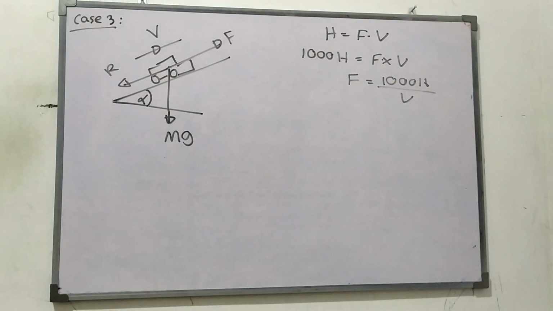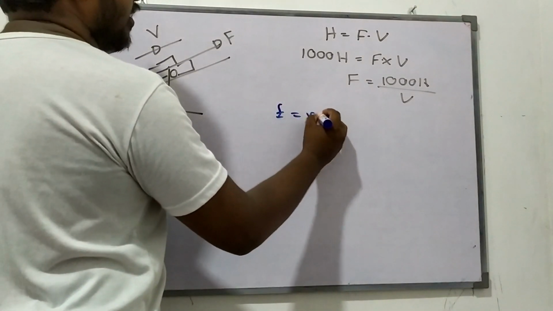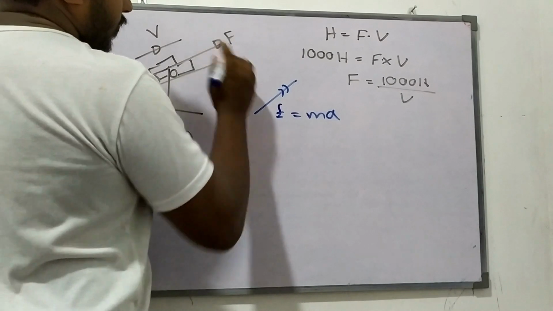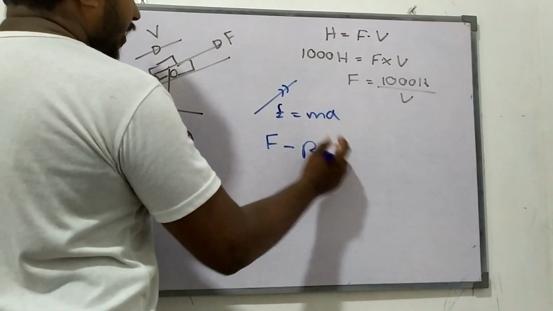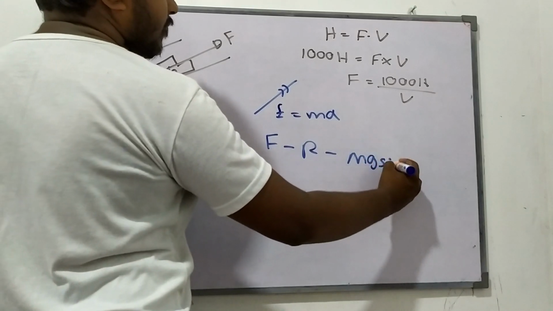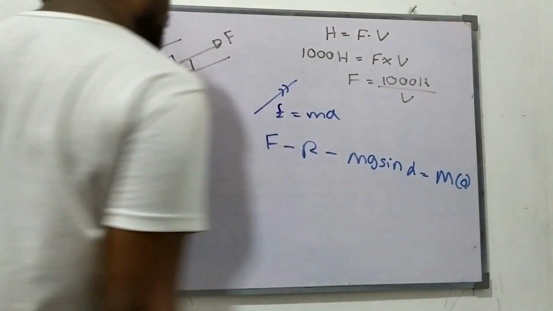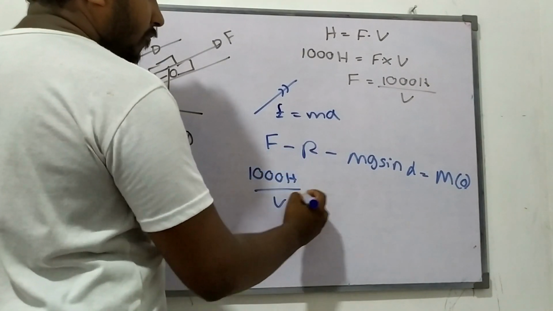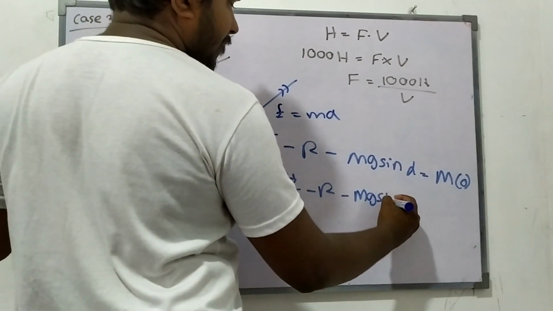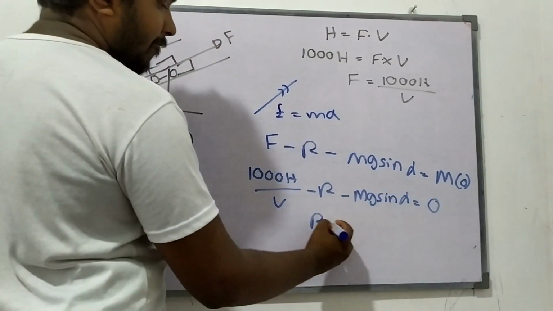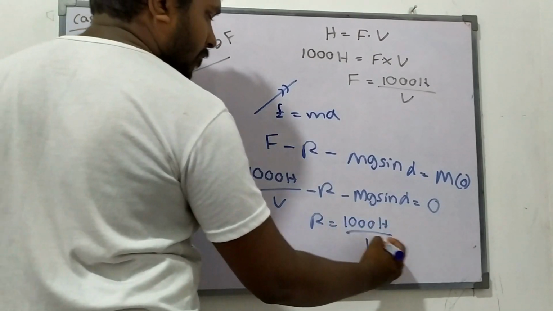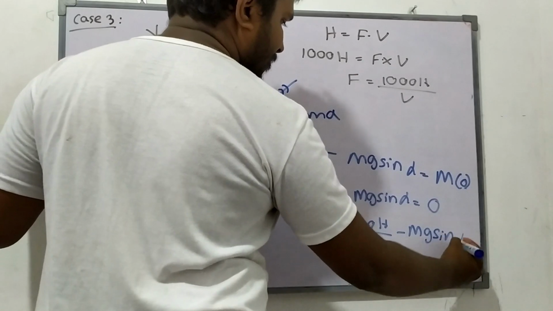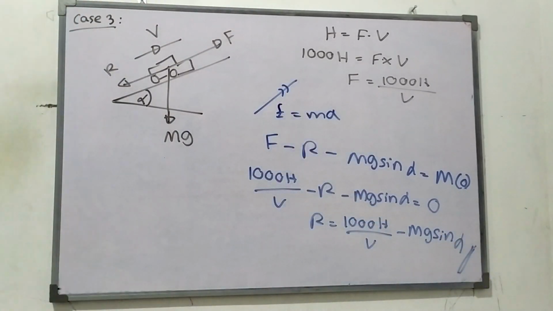I'm going to apply F equals ma up the slope: F minus R minus mg sin alpha equals m into 0. This is another relation of R, H, v, and mg sin alpha.